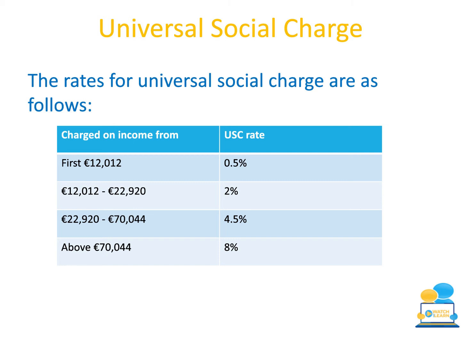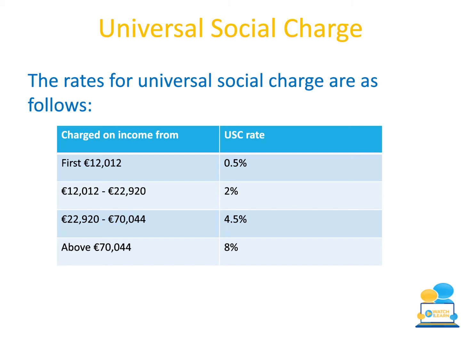So depending on how much you earn, you might not go past the second band there, or you might finish at the third band. Very few people would go above the 70,044 euro band and pay 8% on that, okay? A lot of people would stop there in that third band. So again, just like what we had with our standard rate and our higher rate, you're not going to tax the same money twice.